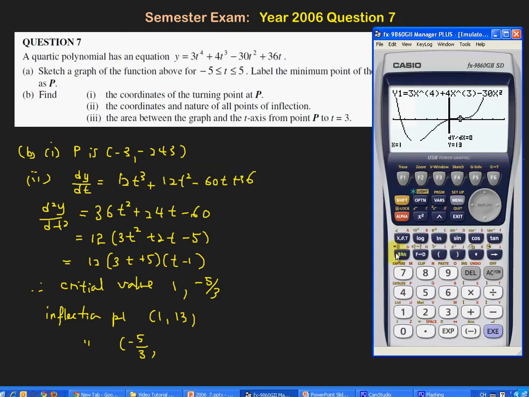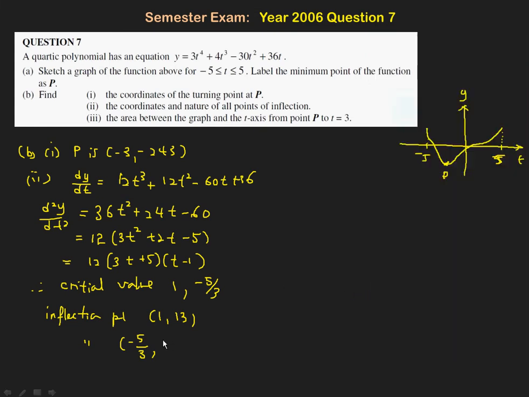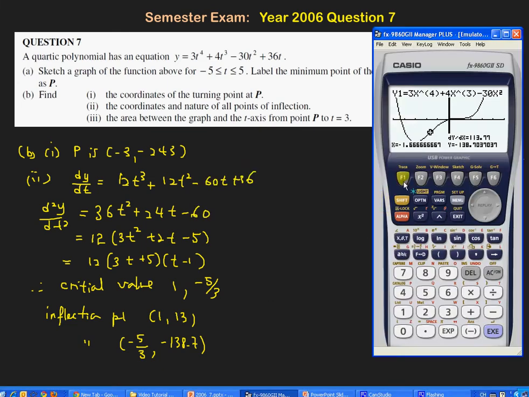It's very simple, just trace again. So I enter -5/3. It's approximately -138.7, and we can actually determine the nature of these two inflection points by looking at the graph, because you see here is where t is -5/3, it's non-horizontal, and it is an inflection point.